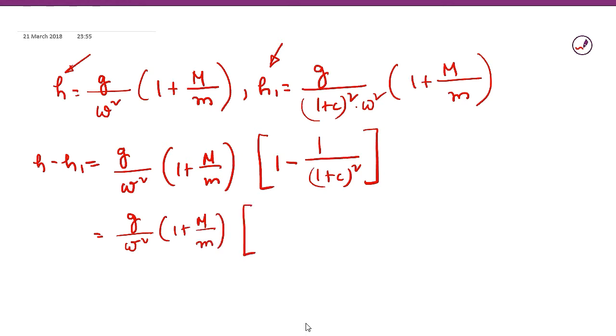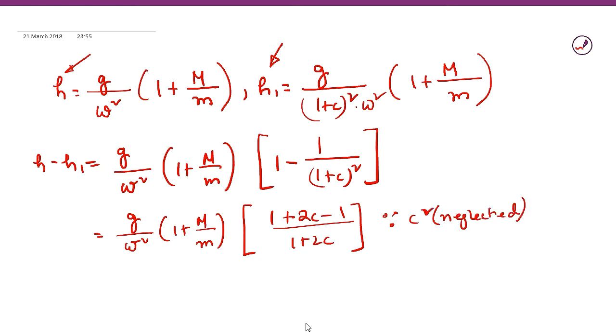If we simplify, it will be 1 plus 2c minus 1, and it will be 1 plus 2c, because we have neglected the c square. Since c is already small, the c square term will be very, very small, so we are just neglecting the c square term.